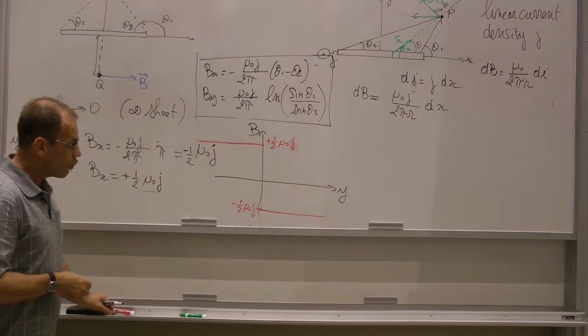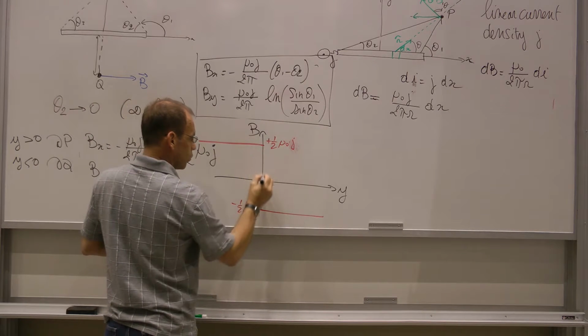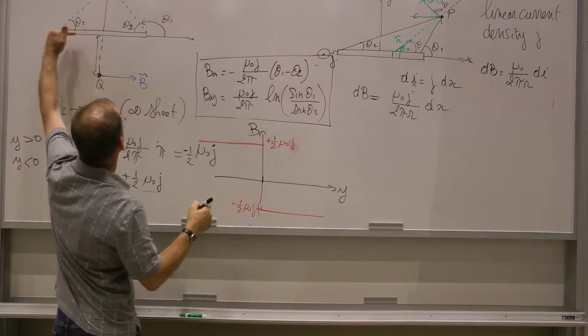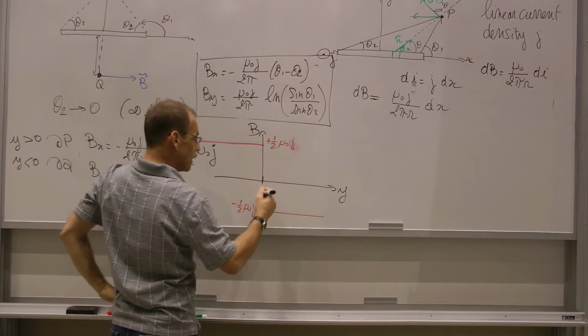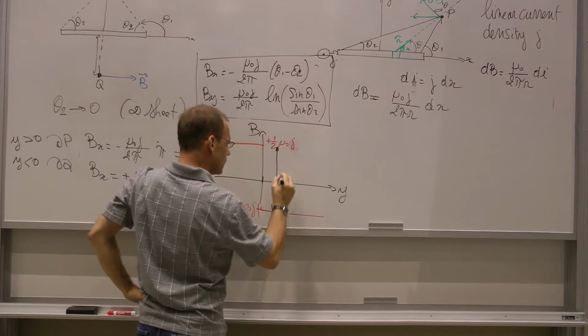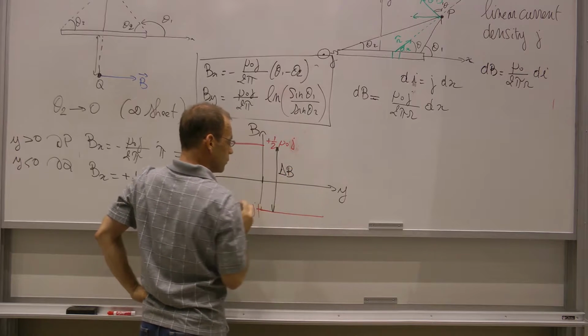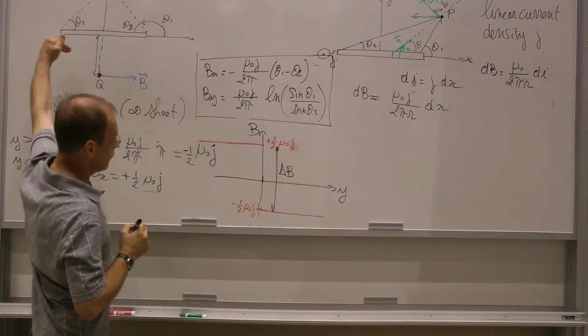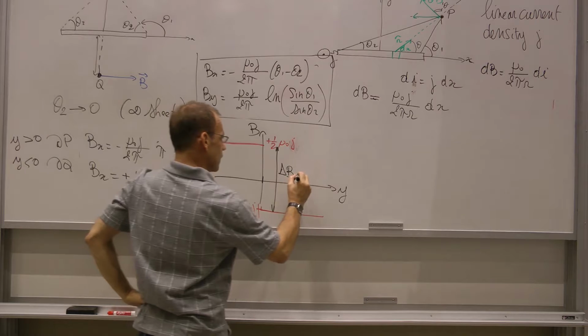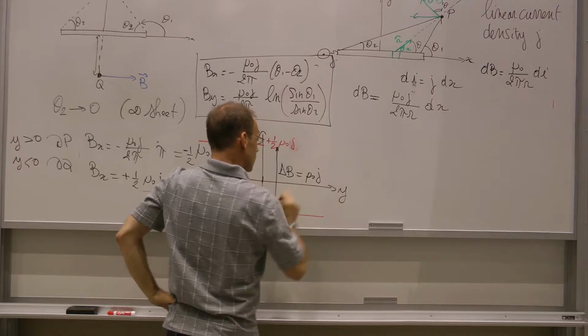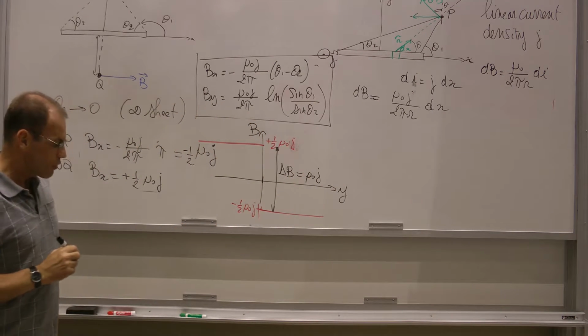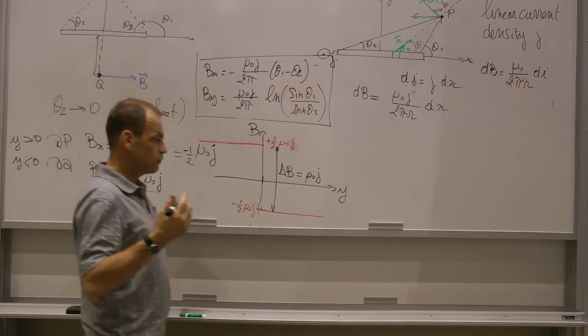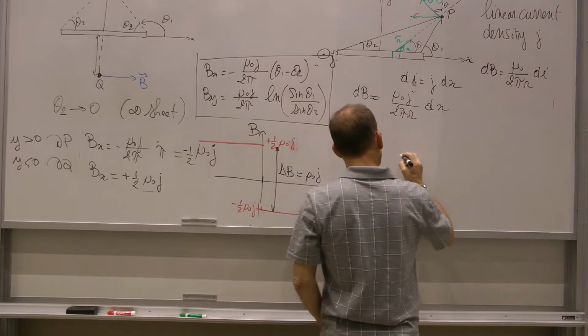We see that across that sheet of current, which is located at y equals 0, we have a discontinuity of the magnetic field, delta B, which is the tangential magnetic field, that's the only one that exists. Delta B equals mu 0 j. That should remind you what happens with electric fields. We have the same idea.